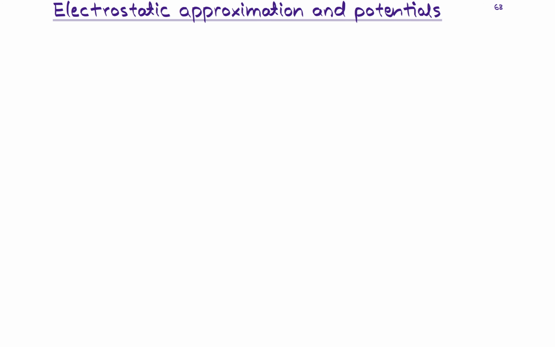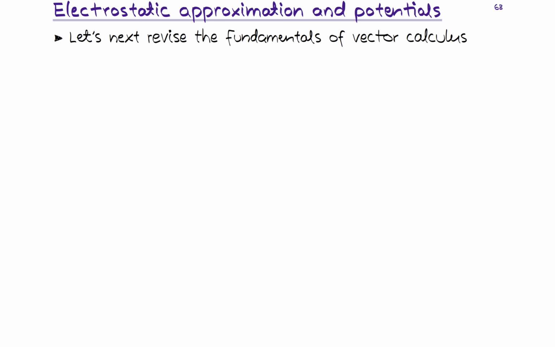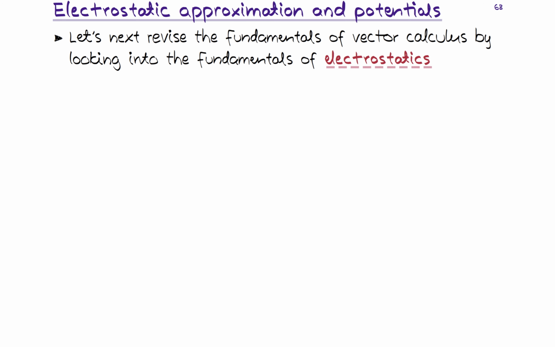So what we will be starting with is that I will just start by going through the basics, and this helps us also to get a better grasp of the vector calculus operators that we just introduced in the previous lecture. And of course, we can look into the fundamentals of electrostatics at the same time.